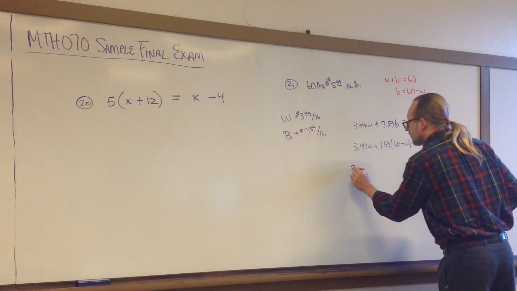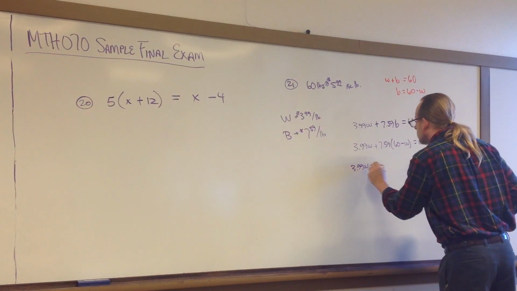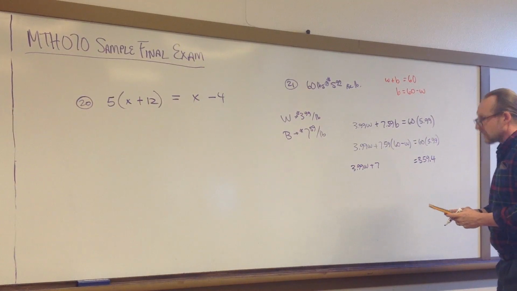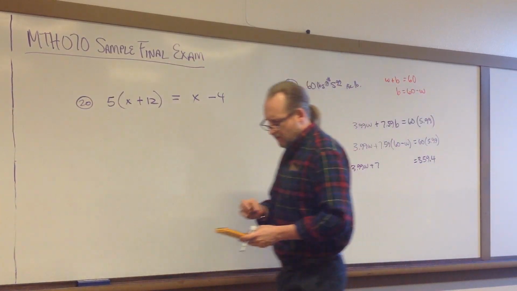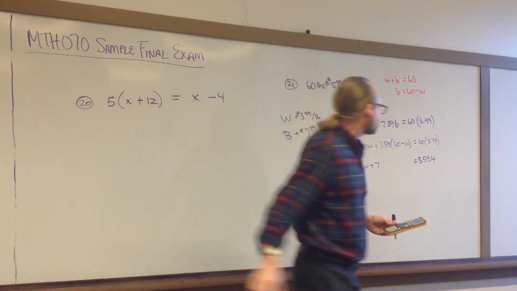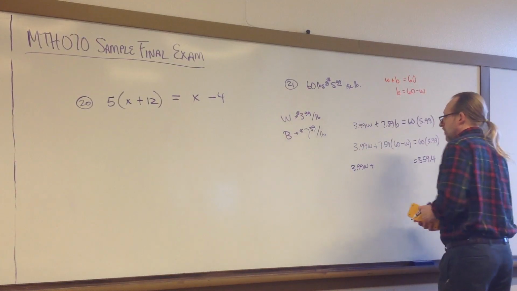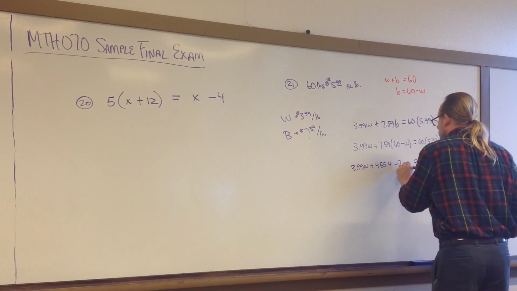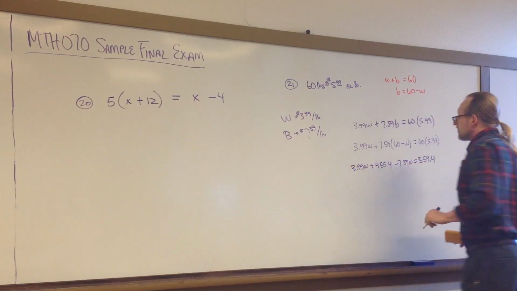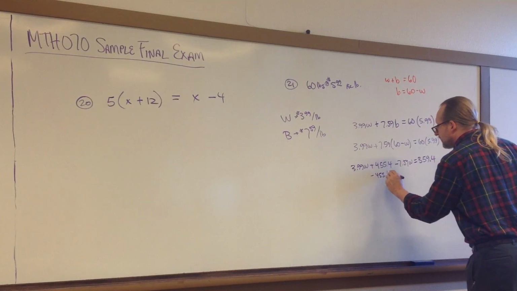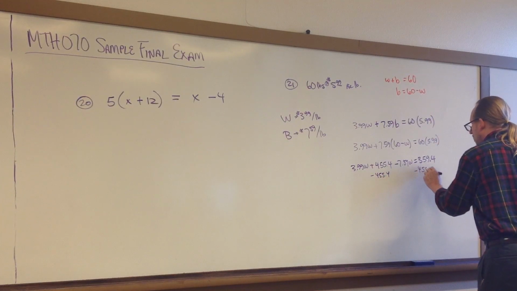Okay, so 3.99W, 7.59 times 60, 455.4, minus 7.59W. Okay, so subtract the 455.4.